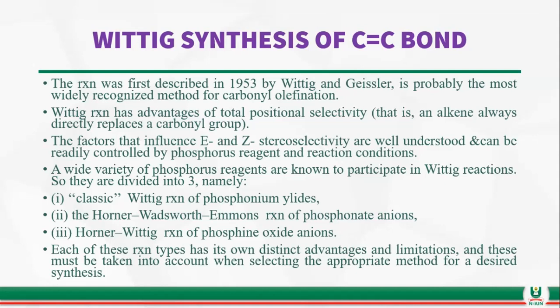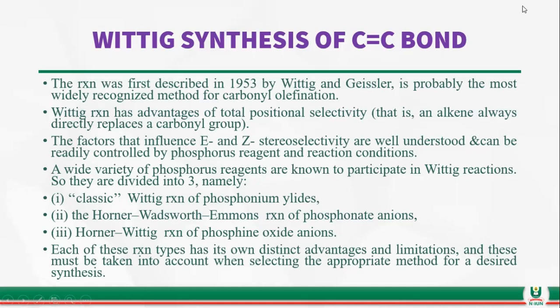That means turning carbonyl compounds into alkenes. Wittig is one of the best methods to do that. The Wittig reaction has the advantage of total positional selectivity. That is, an alkene always directly replaces a carbonyl.